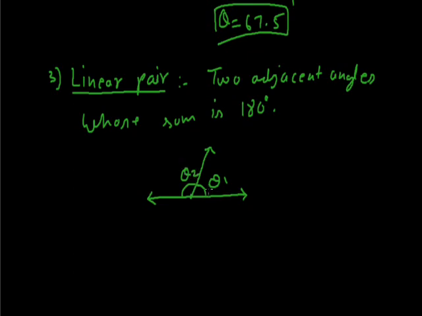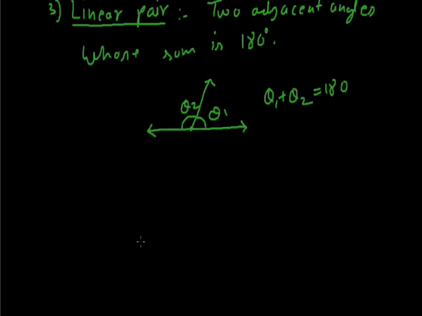These two angles, theta 1 and theta 2, are adjacent angles, and if their sum is 180 degrees, then we can say that these two angles are a linear pair. इस पे अपने एक प्रॉब्लम कर लेते हैं.